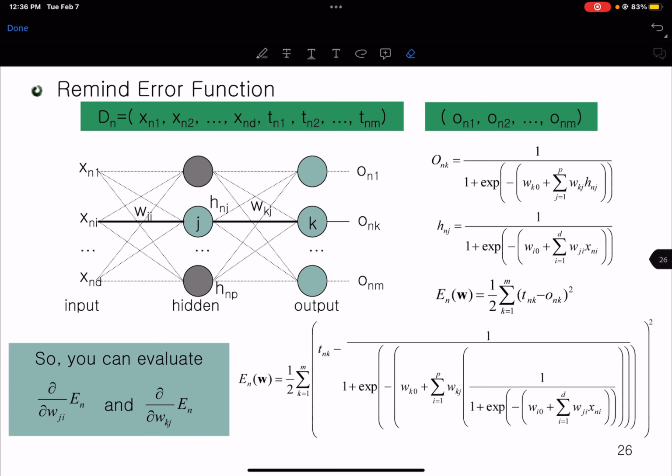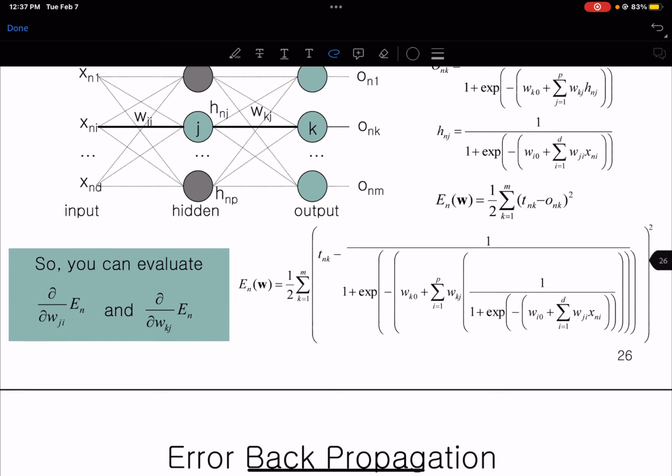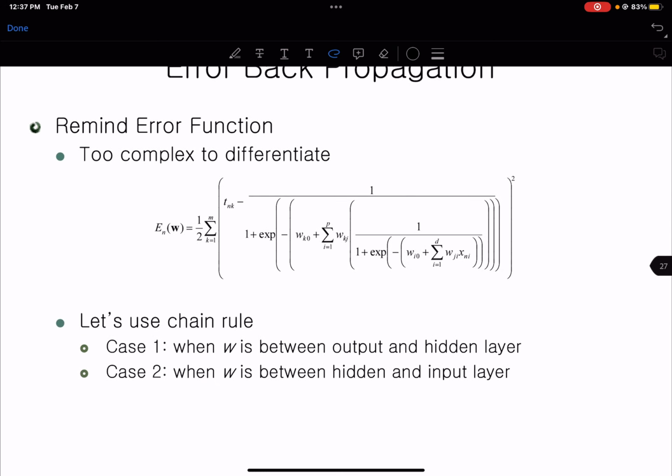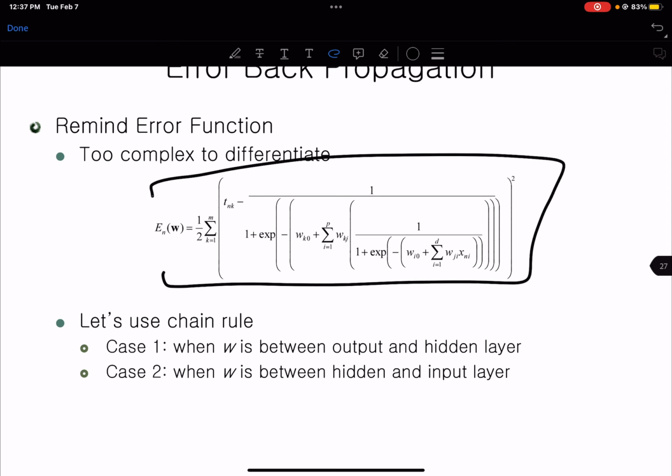All of these links have weights. We have to update all of the network weights. That's the target. And for that, we need to take the partial derivative of our error function with respect to the weight value at that specific link. But we can see that taking the derivative of this final function is very complex.